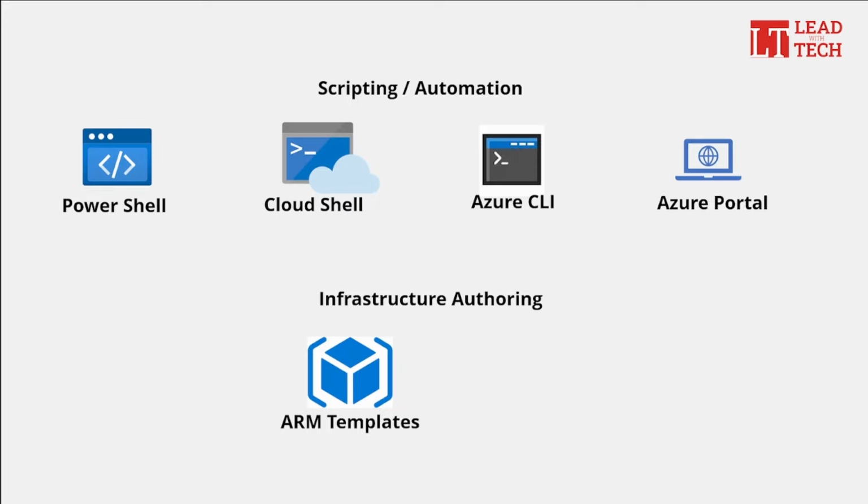The first is an ARM template. This is a JSON-based template wherein you would be able to create and define resources, and use parameters and variables to create a script which you can now execute with different parameters, and then scale your infrastructure automation.